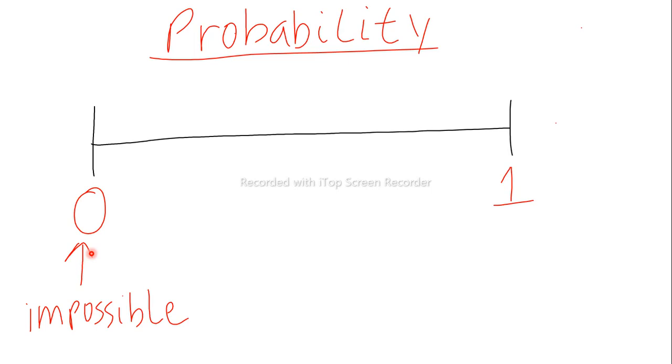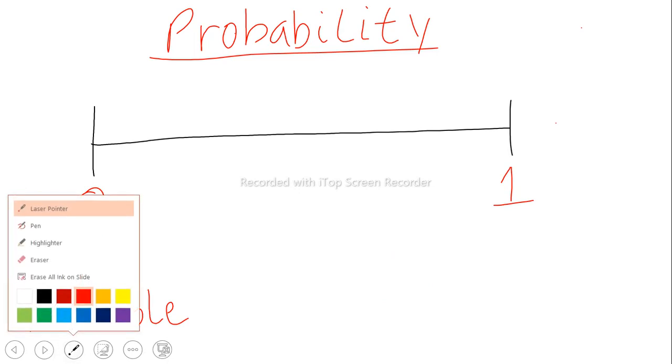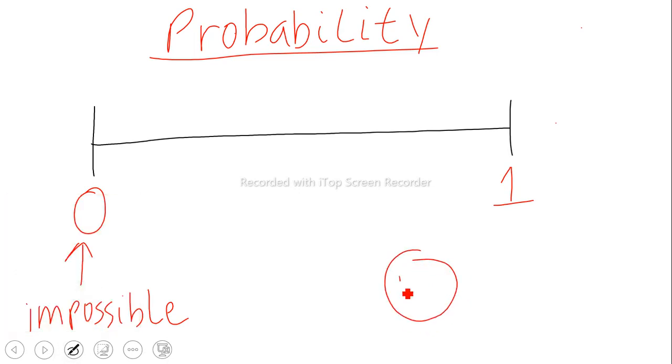Let's say we have a coin that has heads and tails. What's the probability of getting something that is not heads or tails? It's going to be 0, because you're always going to get either a head or a tail.